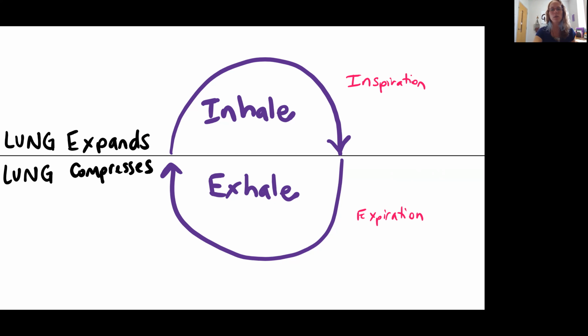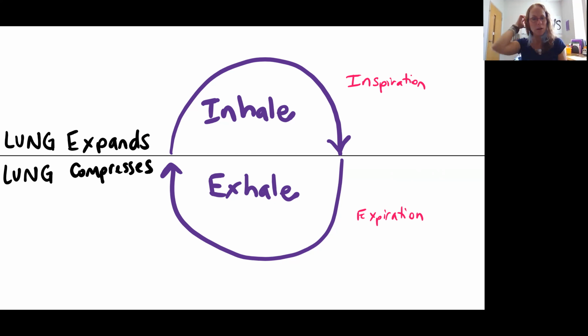So let's do a little activity, hands-on with your own body. So go ahead and put your right hand on your chest and then your left hand on your abdominal cavity below your diaphragm. And I just want you to take breaths in through your nose. So do an inhale through your nose and hold it.